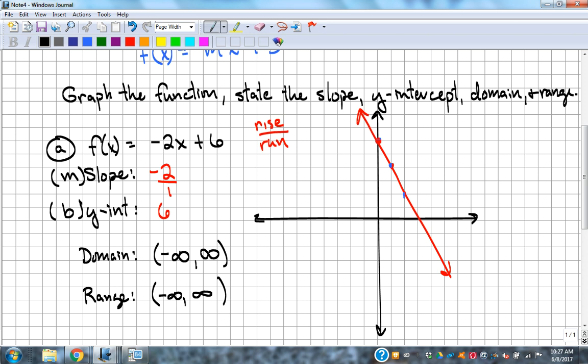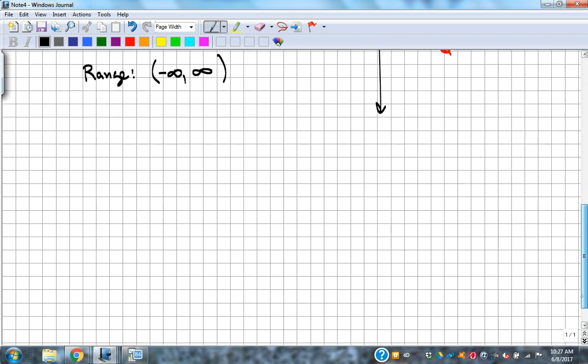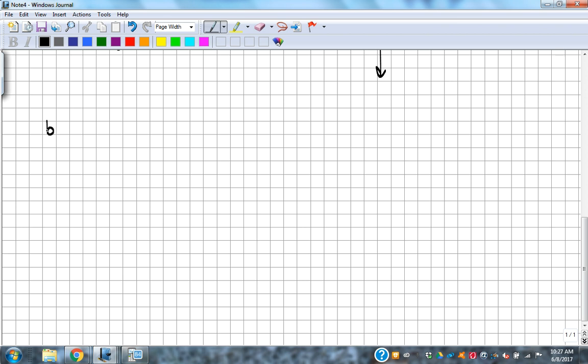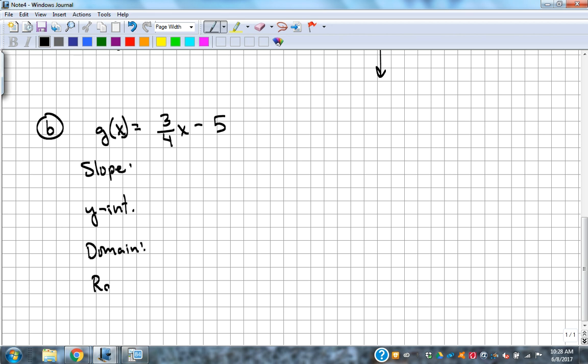All right. Let's look at another one and do the same things for it on a different function. I think the rise over run will start clearing up a little bit as we do a few of these. So let's say we had g of x, same thing as y, is 3/4 x minus 5. Again, we're going to say the slope, the y-intercept, the domain, which we should know, and the range, which we actually should know as well now.